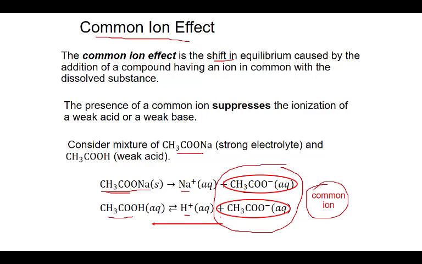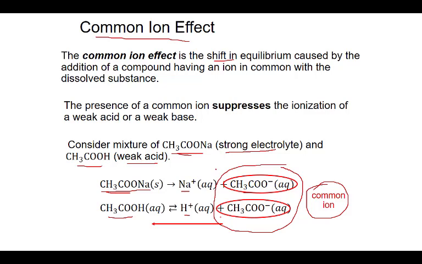This salt comes from the weak acid, and because it's coming from a weak acid, it will be a strong electrolyte, and the weak acid itself is there, that is acetic acid. In English we call it vinegar. Acetic acid is a weak acid, and the salt of this acetic acid will be the strong electrolyte. If you combine these two chemicals, it will give you common ion, and this mixture will be called a buffer.